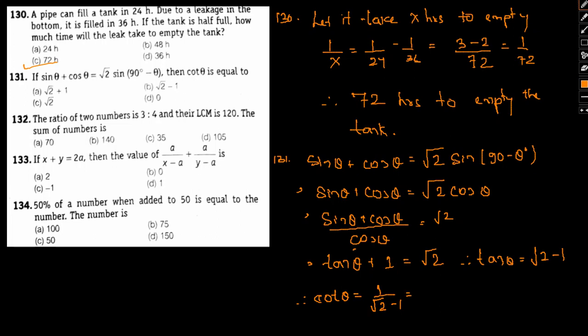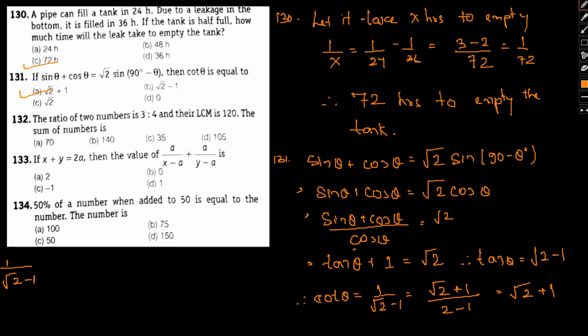Now if we use the componendo dividendo rule, we have (root 2 plus 1) by (2 minus 1), that is (a plus b) by (a minus b) whole squared. So we'll have root 2 plus 1 as our answer. Option A. Okay, so it's simply the rationalisation we used. Let me just show that here.